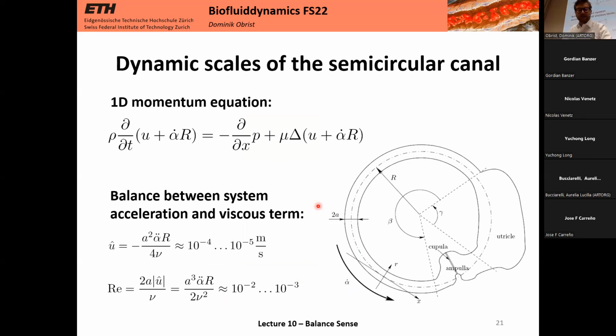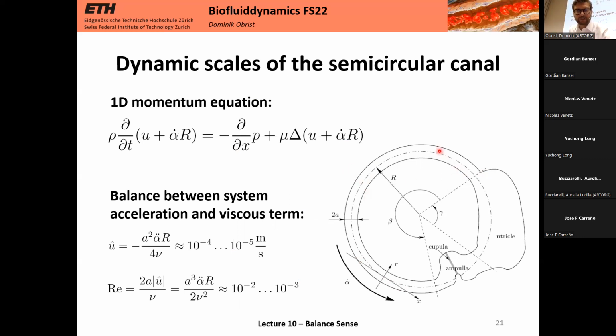Essentially, what we do here is that we consider this whole canal to be a pipe, like a pipe flow, because the curvature is relatively small. When we think of Dean vortices, we can consider this also as just a straight tube, or the curvature doesn't really matter that much for the fluid flow.